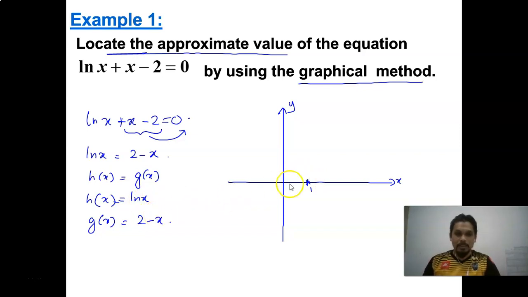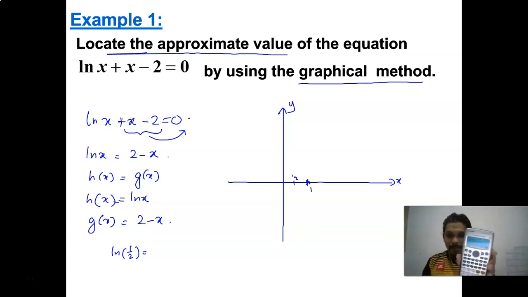Natural log of 1 over 2, using the calculator, is negative.